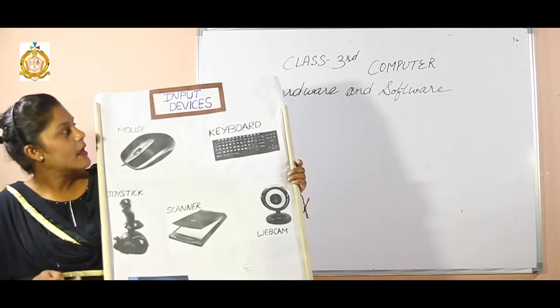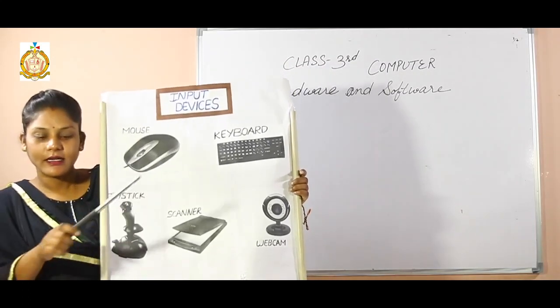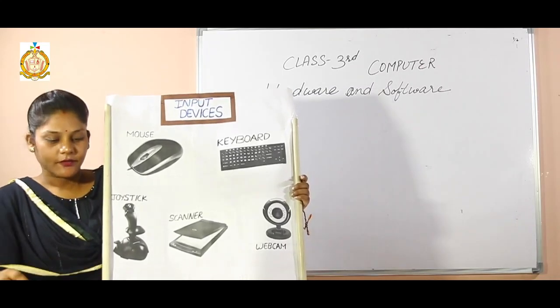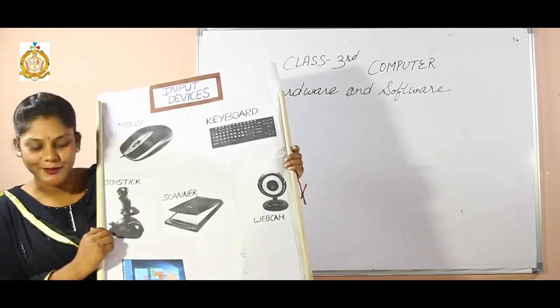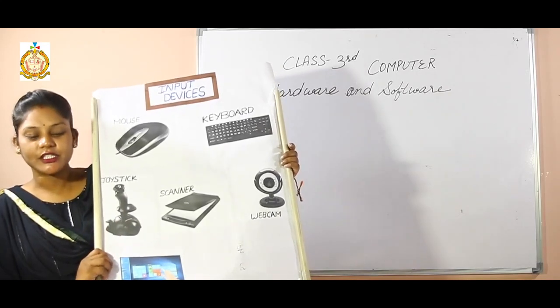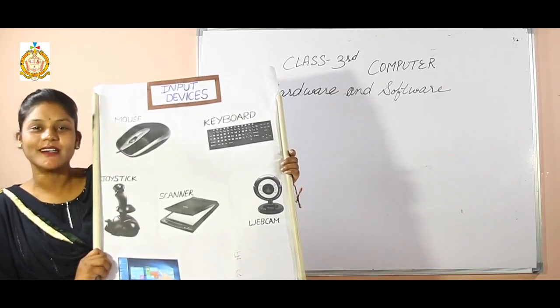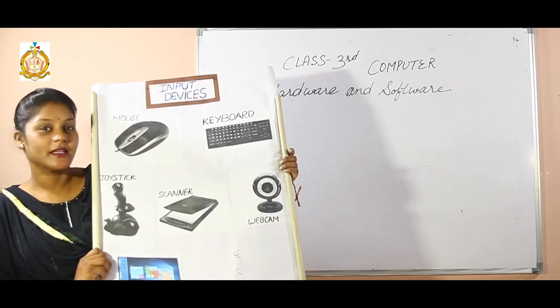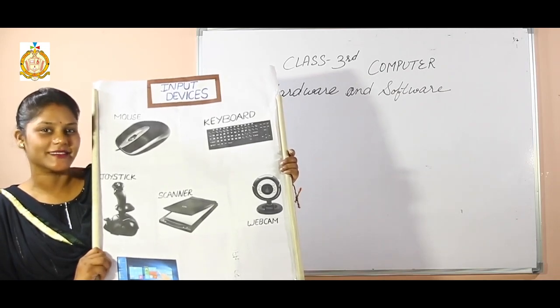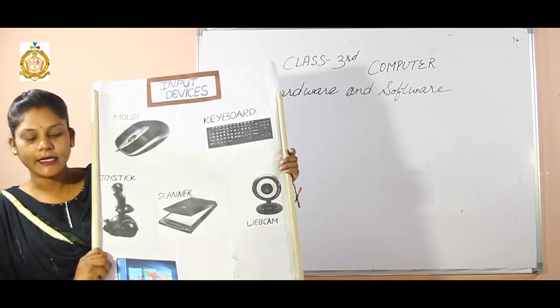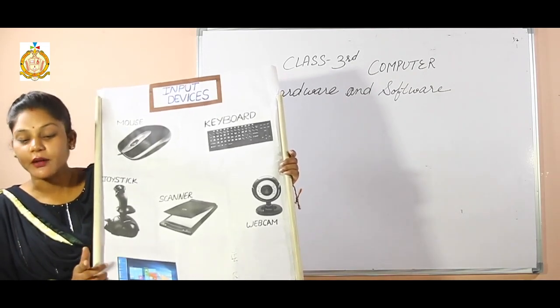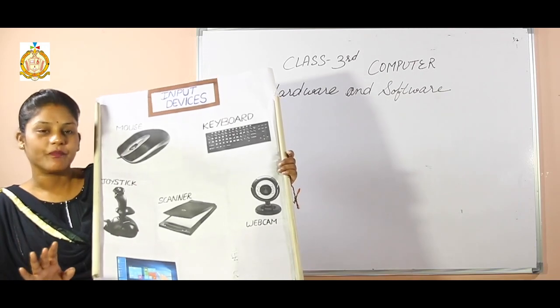What is an input device? Clear? So first thing is page number 11, mark the first line also. The data or instruction we enter in the computer is called input. That is also mentioned in your question answer. So there is the first line: the data or instruction we enter in the computer is called input.